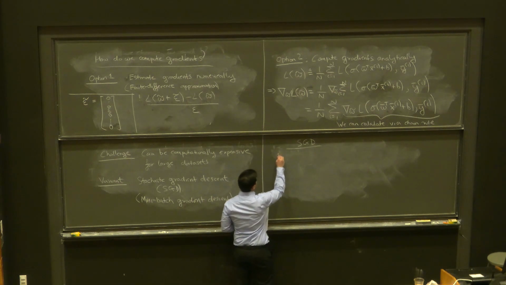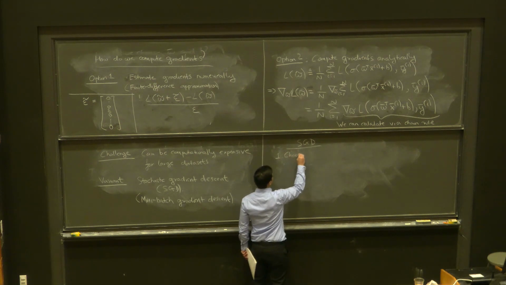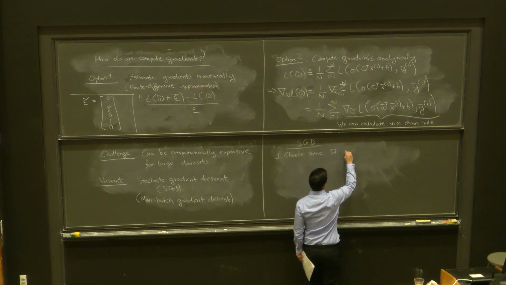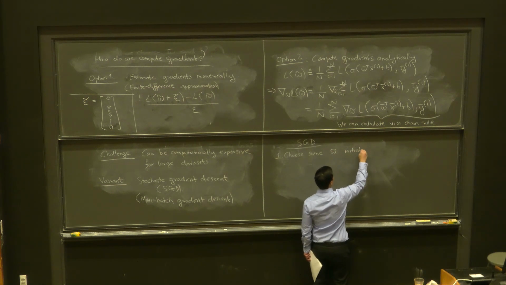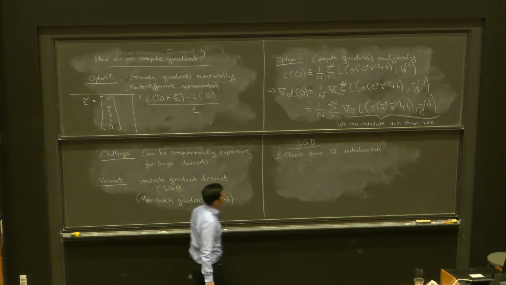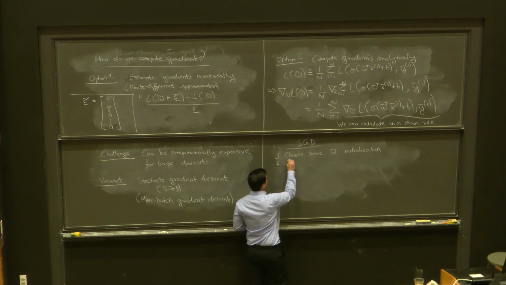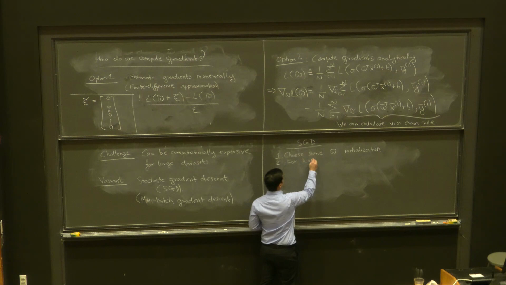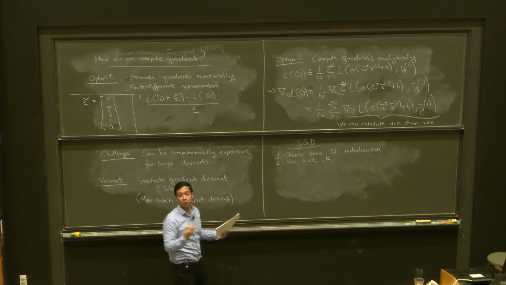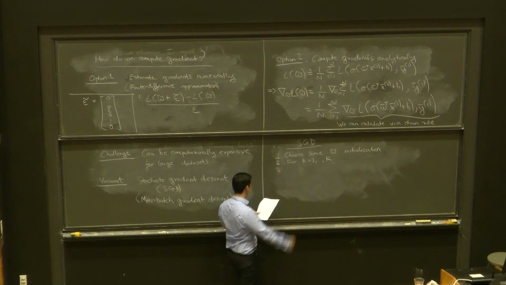So let's write down the steps in the algorithm. As before, we choose some W tilde to initialize everything with, maybe randomly. And then we execute this for loop. Again, you can replace this for loop with a while loop, where you check some of the conditions that we discussed before.